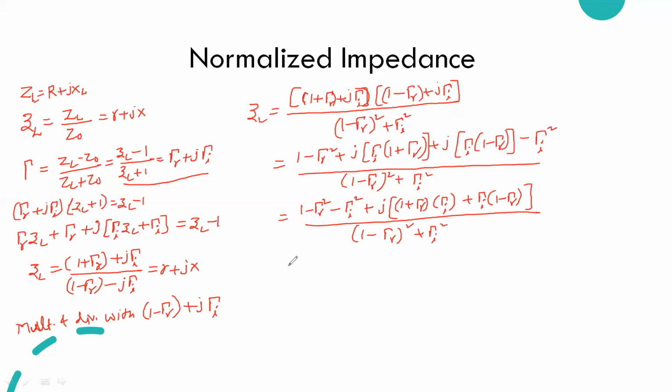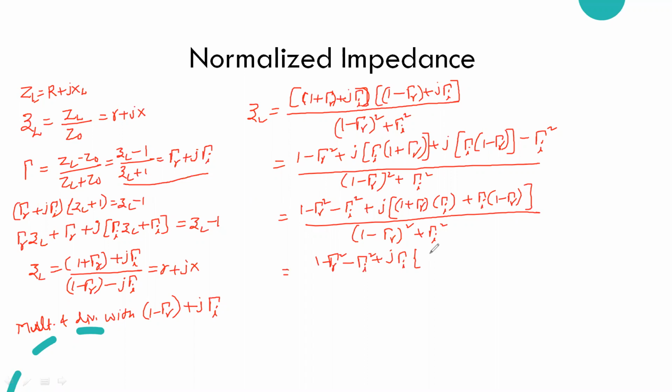Now the next term will be like this: 1 minus gamma r square, minus gamma I square, plus j into gamma I taken common.